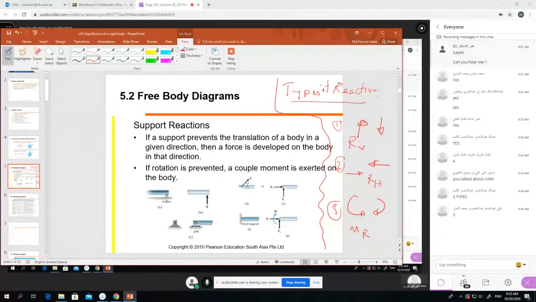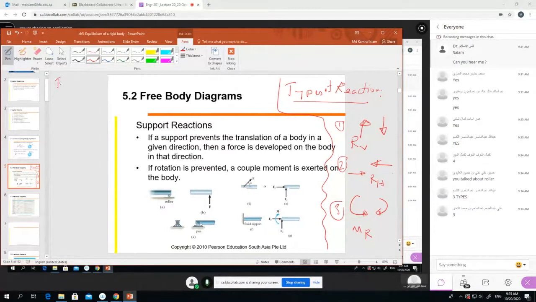So one is the type of reaction, another is the type of support. One support type is roller.